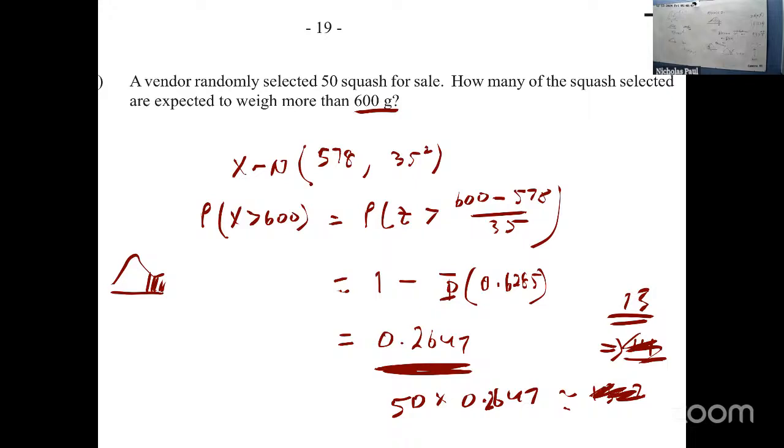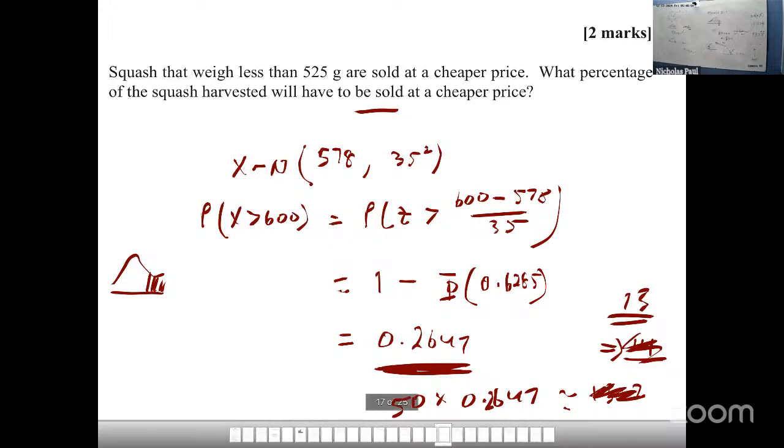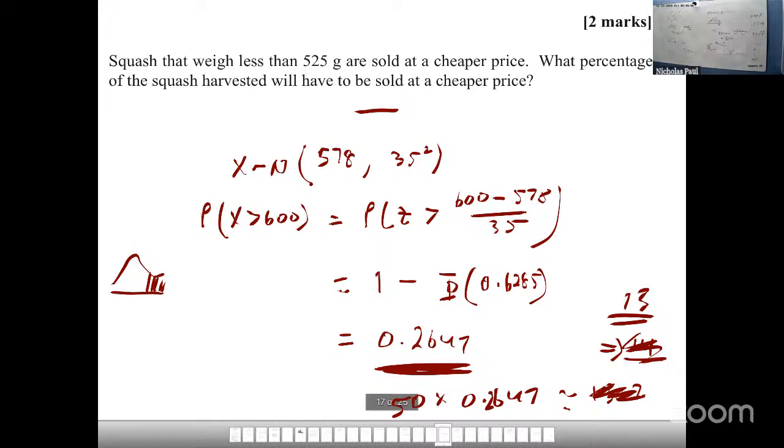Okay, so we'll go 13. One more part. Last part. This one looks like we have to work in reverse, right? Or probably. Yeah, we want to find the percent. Try this last one here.